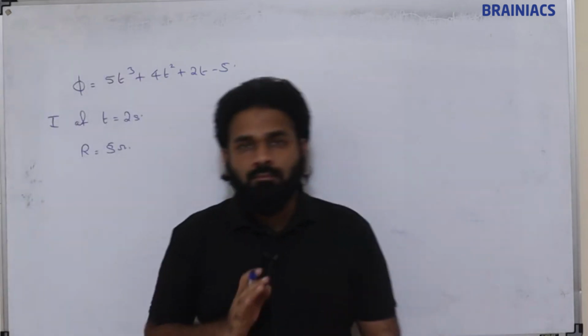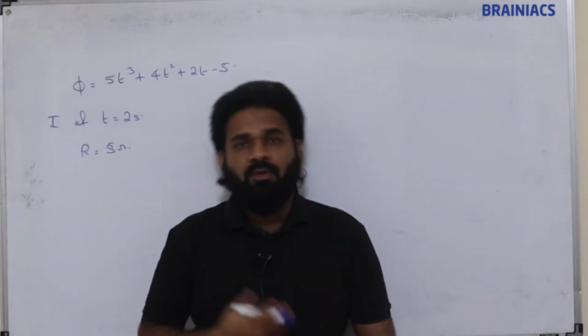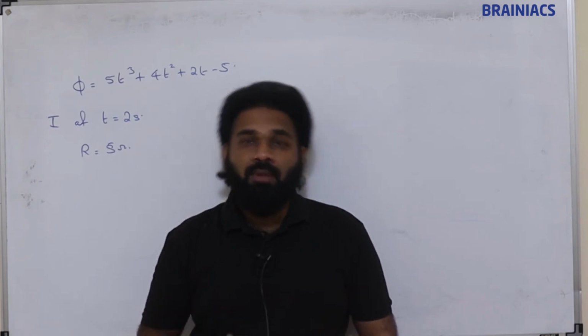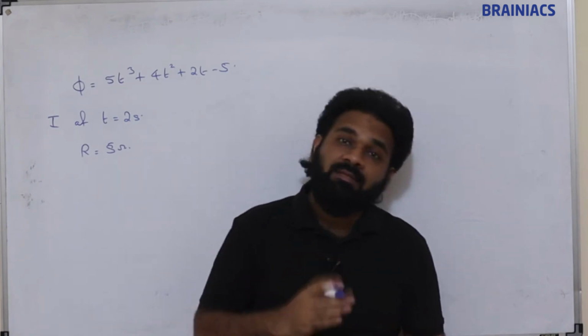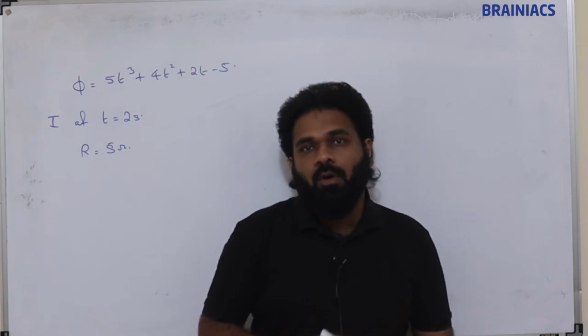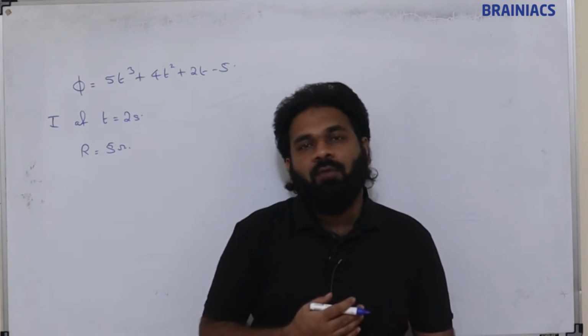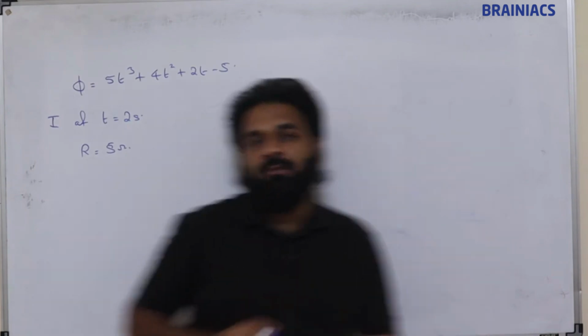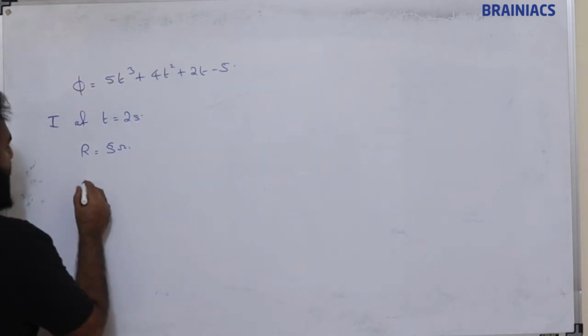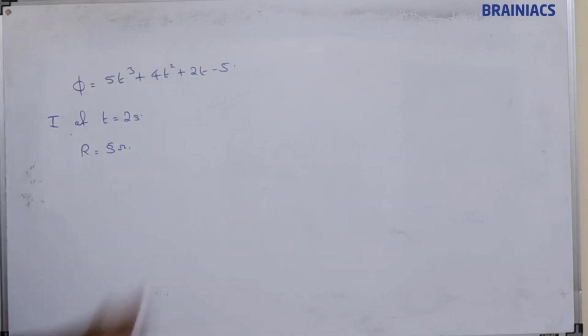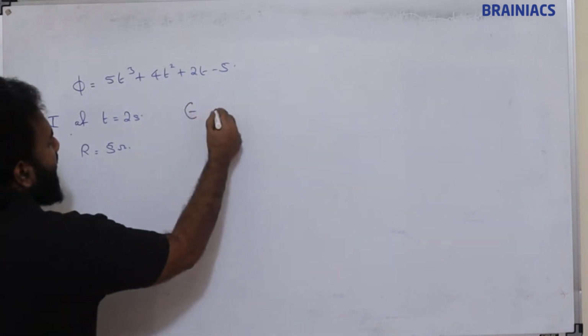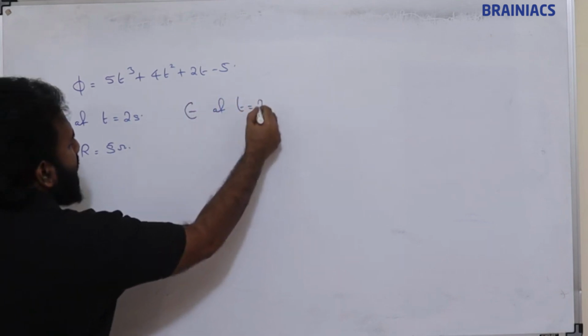Already in motion in one dimension, when we studied instantaneous velocity, instantaneous acceleration or instantaneous current, for all that we just differentiate. So for finding the current at t is equal to 2 seconds, first we have to find E at t is equal to 2 seconds.